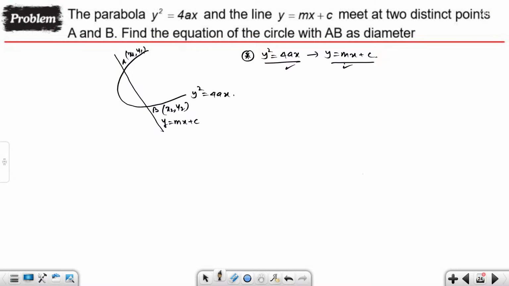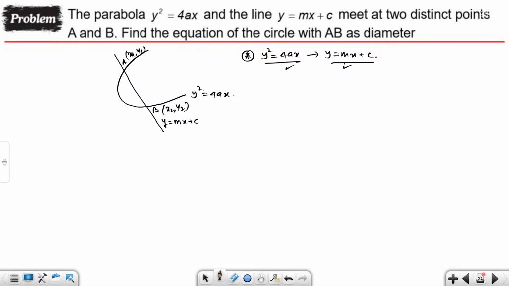Similarly, you find the two values of y, y1 and y2. Why do so? I will form a quadratic equation involving x and a quadratic equation involving y, and simply add those two equations to get the equation of the circle whose diameter extremities are the points of intersection, in this case A and B.